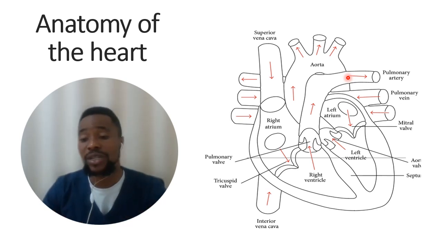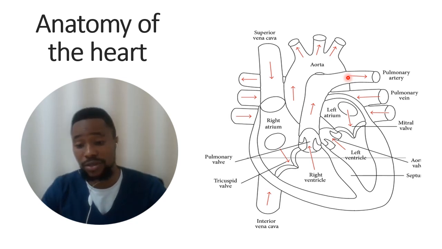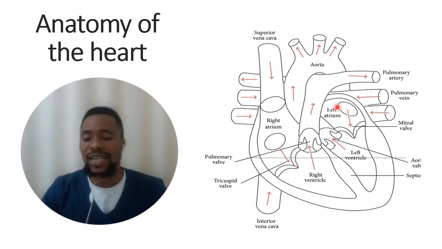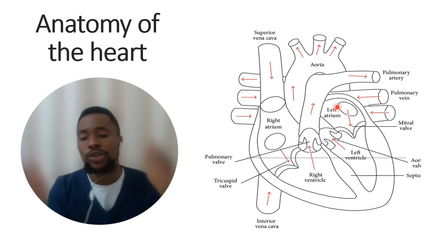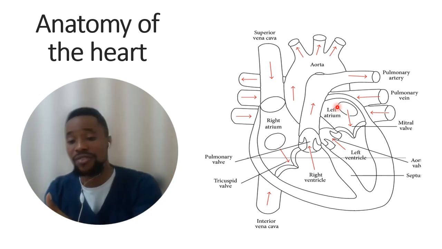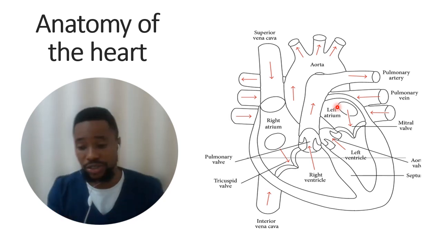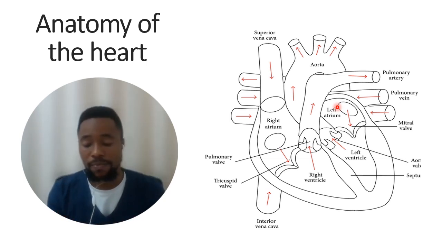Normally, arteries are meant to be carrying oxygenated blood, but the pulmonary artery carries deoxygenated blood. Now, this blood is being returned back into the left atrium. So everything I explained from the right ventricle to the lungs back to the left atrium is called pulmonary circulation. You can read more about that.